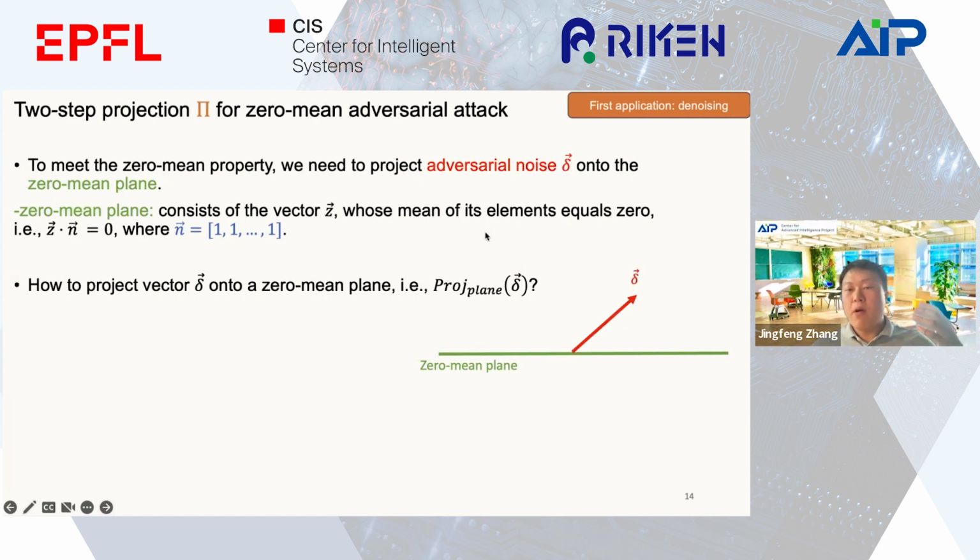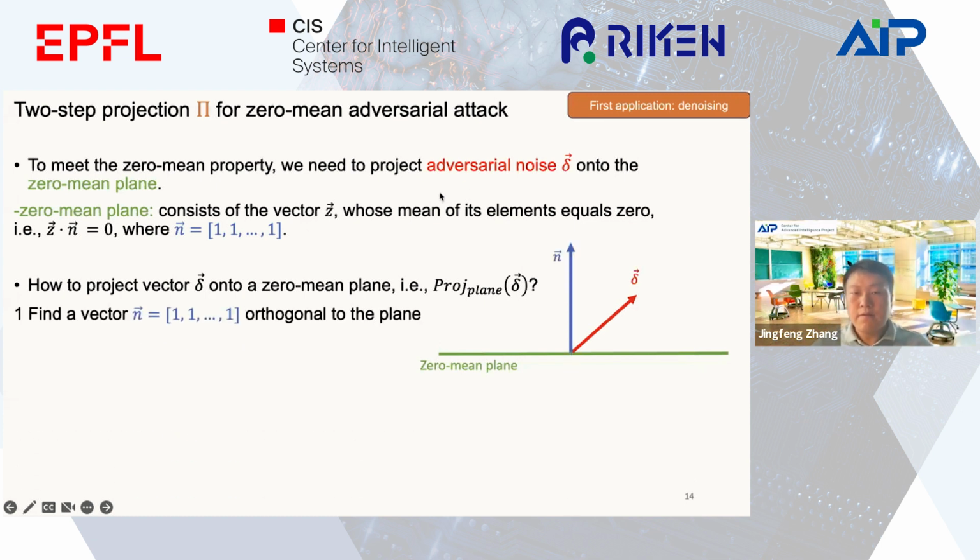To meet the zero mean property, the projection function pi should project the adversarial noise onto the zero mean plane. The zero mean plane consists of vectors z whose elements have a mean equal to 0. How could we project a vector delta onto a plane? First, we find an all-one vector that is orthogonal to this plane, the zero mean plane.